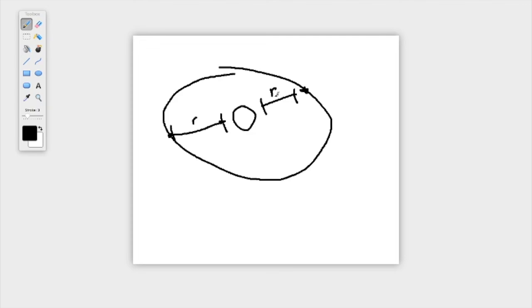That means it would have a much smaller gravitational potential energy, which means it will have more kinetic energy the closer it is to the sun. And then when it's much farther out, there's less kinetic energy, but more gravitational potential energy.